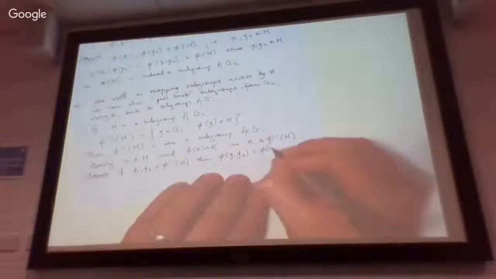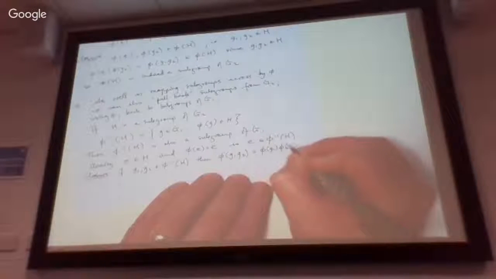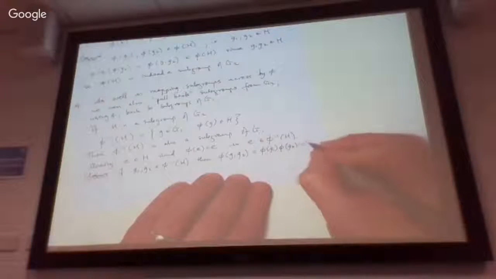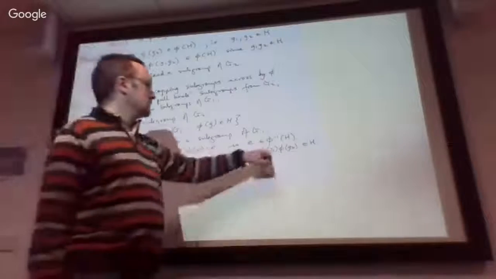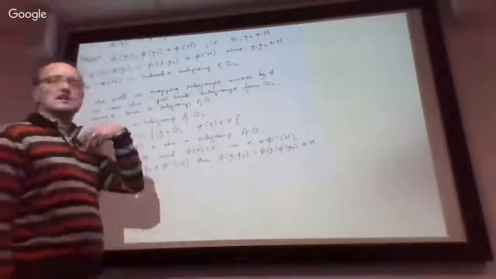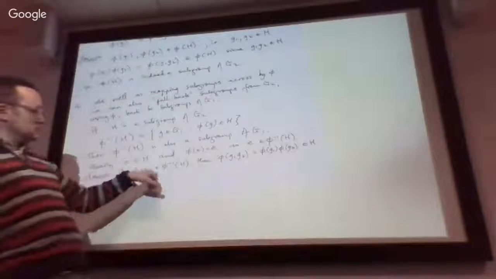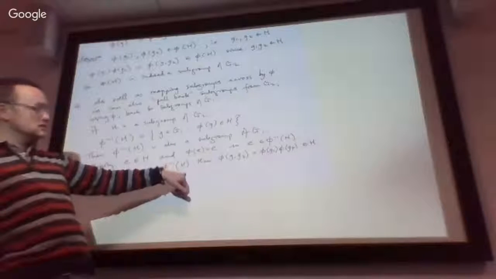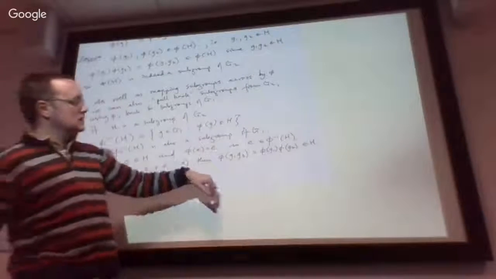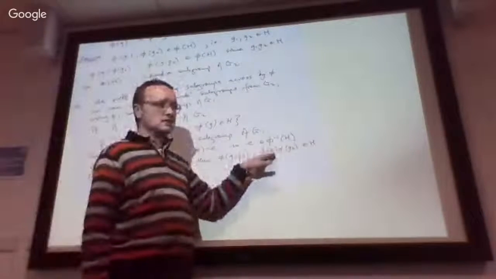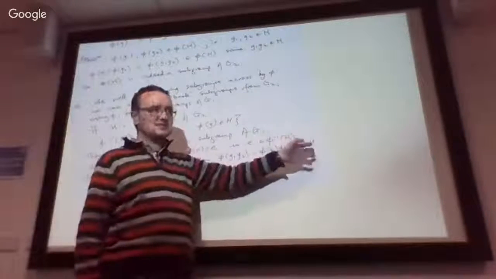Well, by the homomorphism property, phi of g1 g2 is phi of g1 times phi of g2. That is again an element of H, because phi of g1 is in H and phi of g2 is in H, since g1 and g2 started off in the pullback of H. By definition, they each individually get mapped into H. But then the product of the two images is also in H, because H is a subgroup.